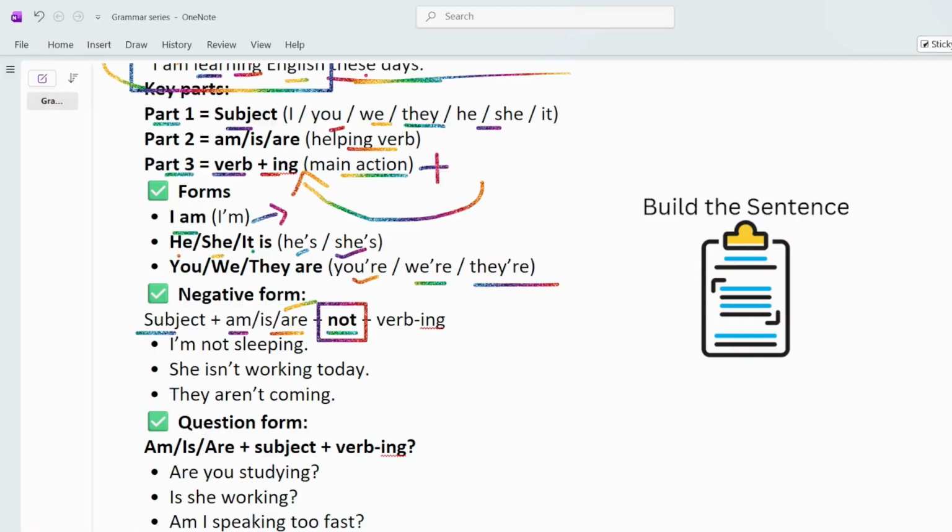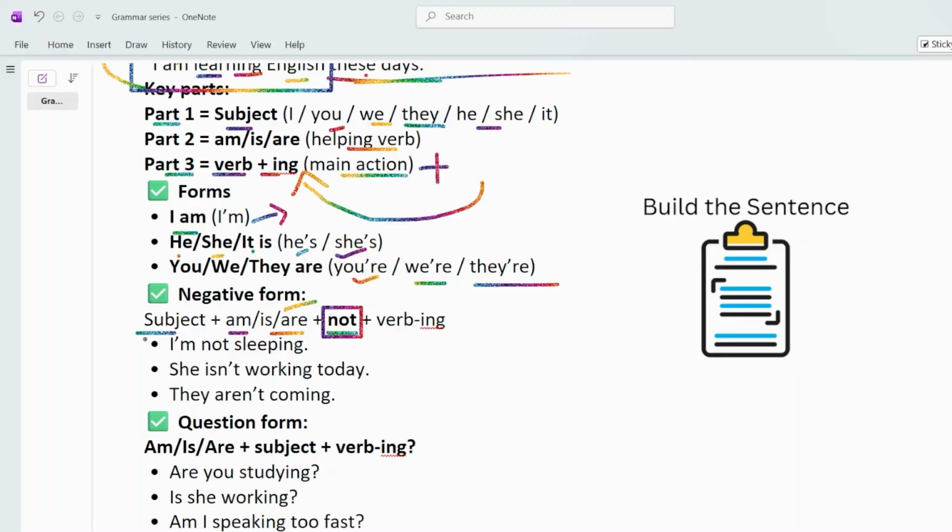Learn to say no to some things in life. Do not just say yes to everything, because that's not going to help you grow, even in your work or your personal life. Learn to say no, and I think your work will be done and executed beautifully. So coming back to the topic, guys, negative form.